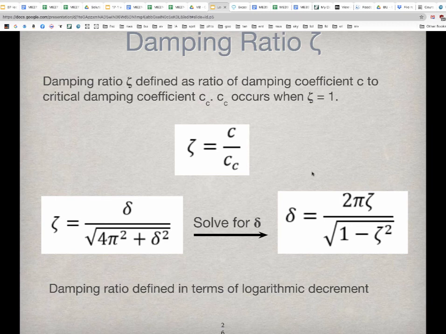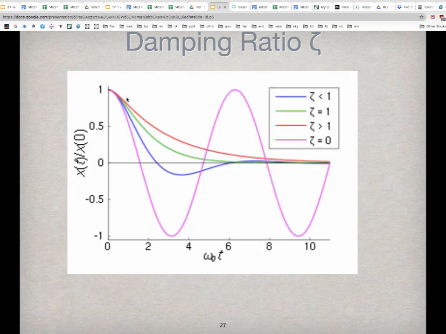Let's take a little bit closer look at the damping ratio. The blue line is when the damping ratio is less than 1, so the system is displaced, and then it overshoots a little bit, and then it comes back a little bit, and then it does eventually damp out the vibration.